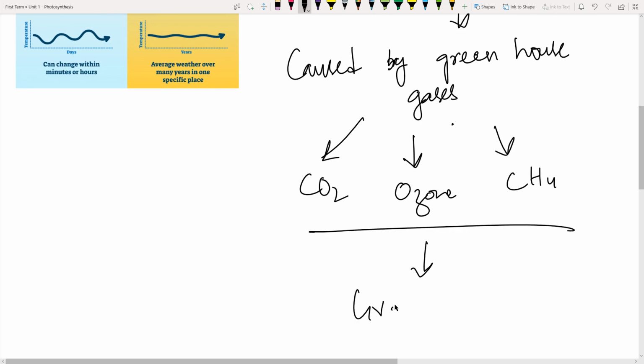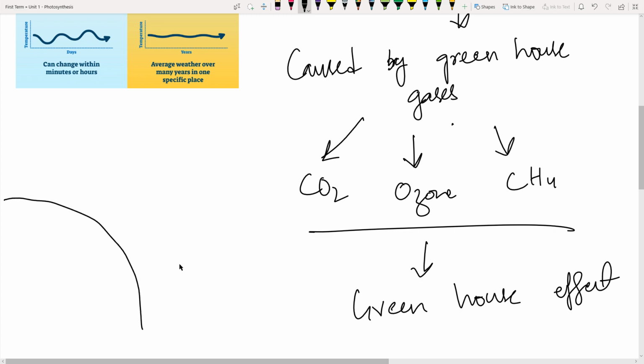So what is greenhouse effect, right? It is the idea that, let's go to the diagram more acutely.